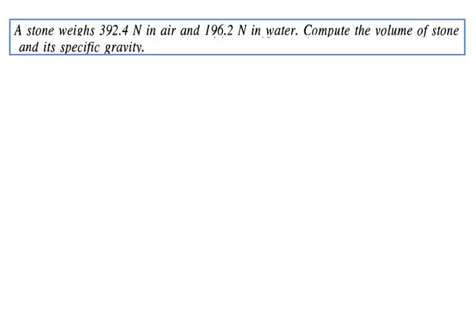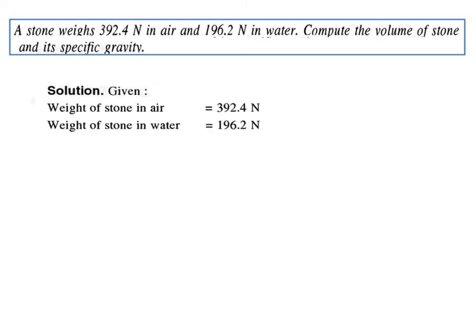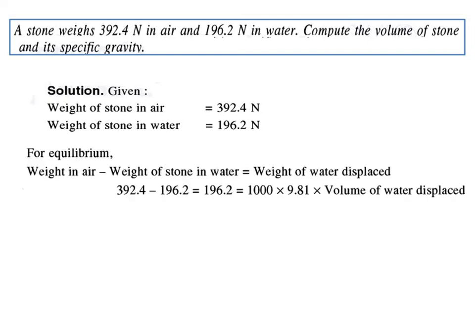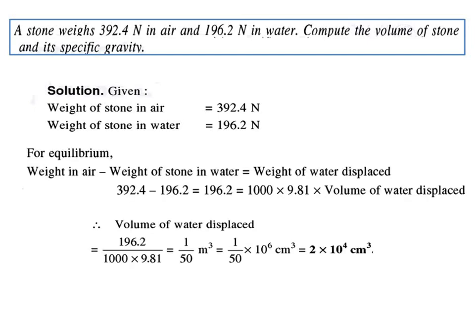The next problem: a stone weighs 392.4 Newton in air and 196.2 Newton in water. Compute the volume of the stone and its specific gravity. The weight of the stone in air is 392.4 Newton and in water is 196.2 Newton.